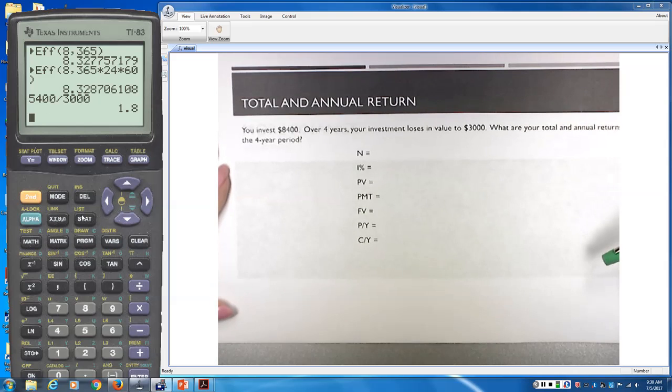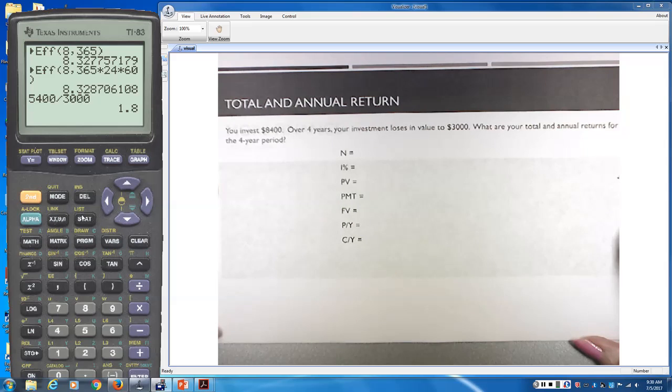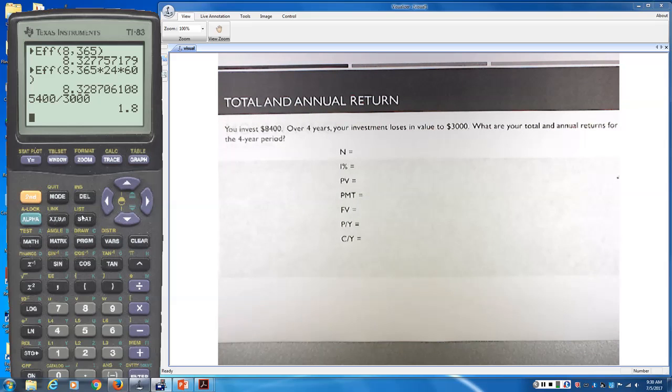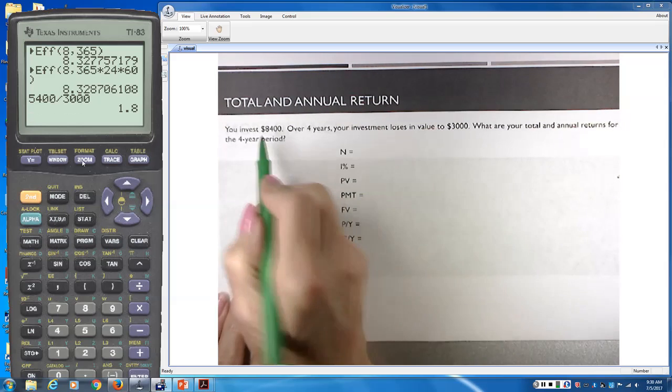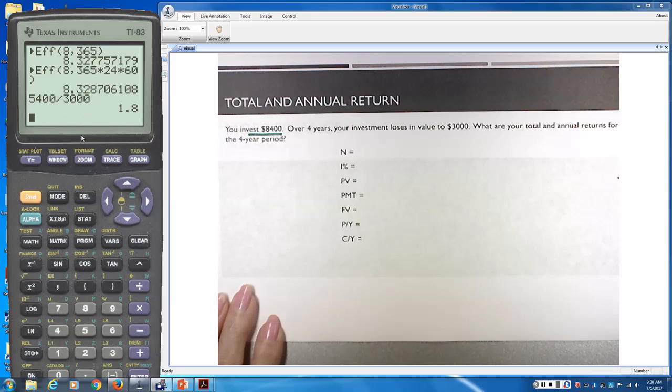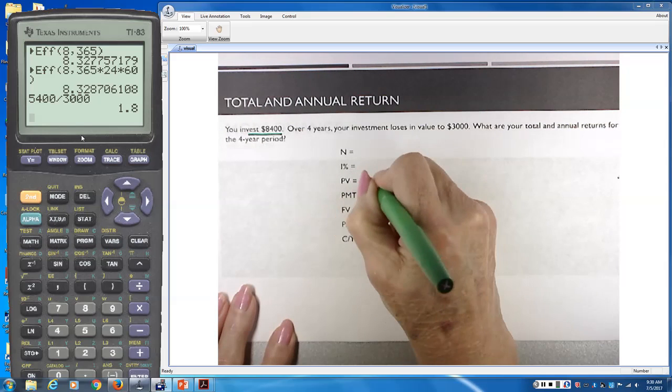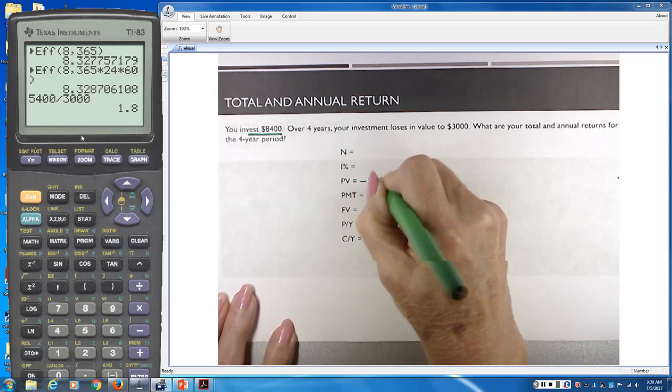Okay, let's turn that around a little bit. Because this is also a realistic situation. You invest $8,400. Remember, that's your present value.